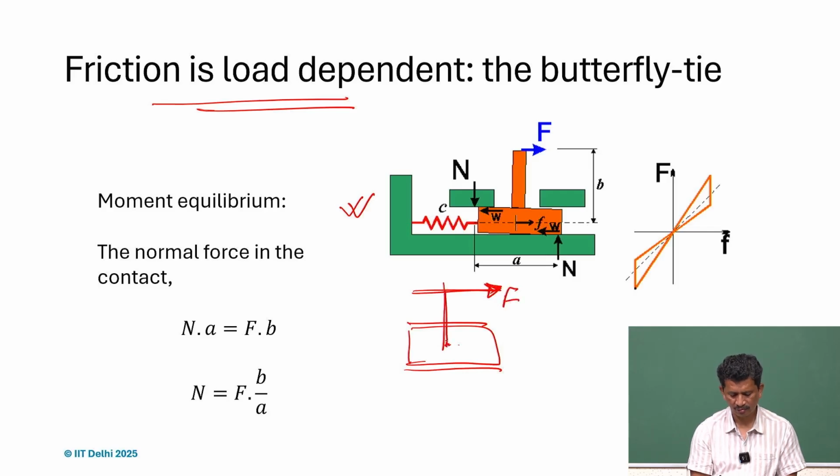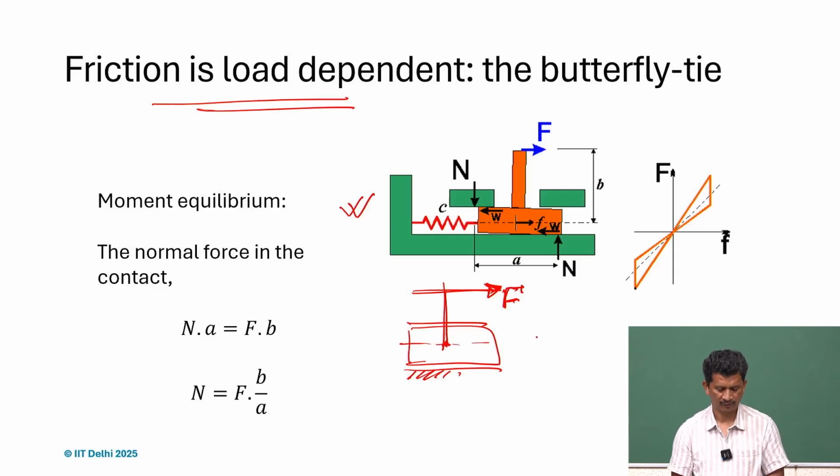What happens if the force is applied not along the body but away from the body? This is very common in any kind of automation, because there are guideways, but there is also an actuator.